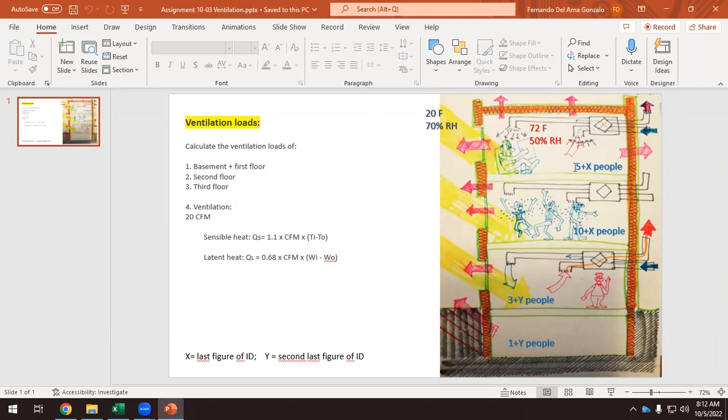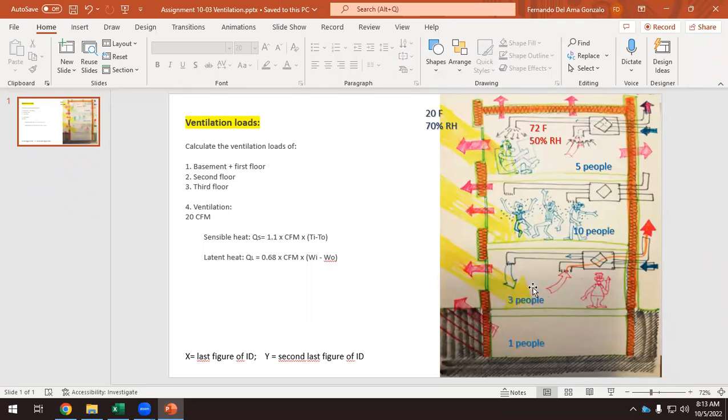So the first thing we have to do is calculate how many people we have here. If I have 5 people, 10 people, 3 and 1, that depends on your ID.